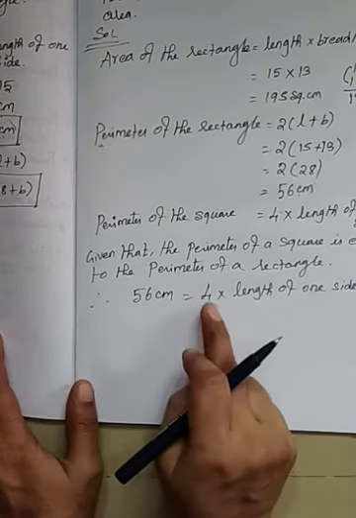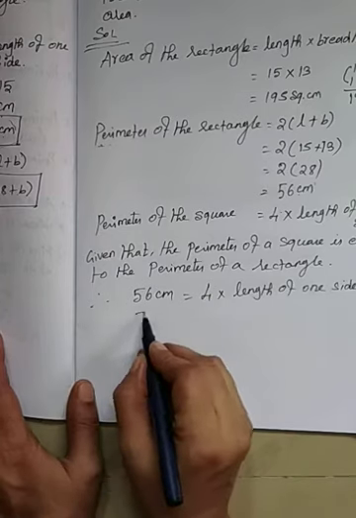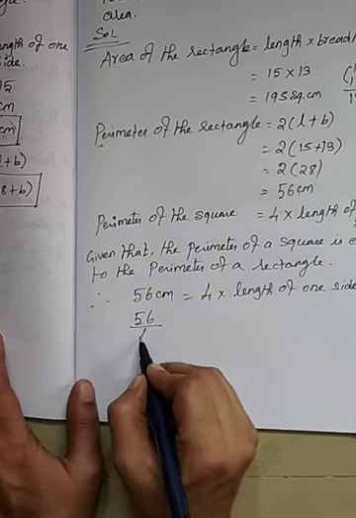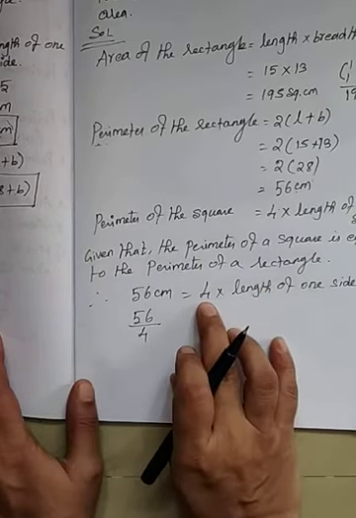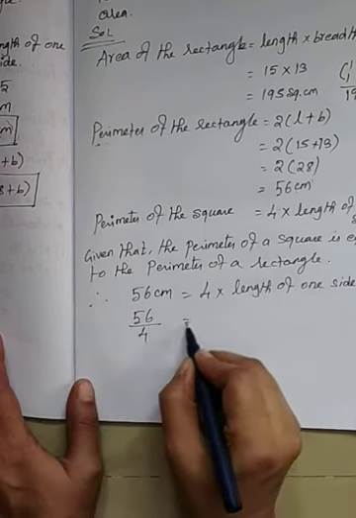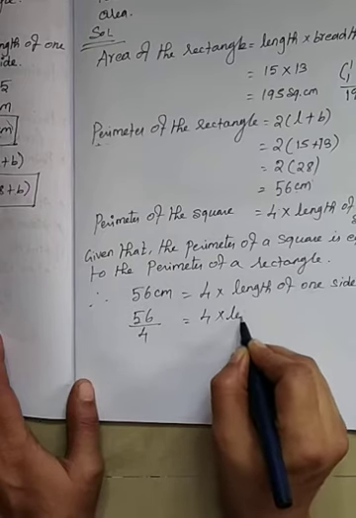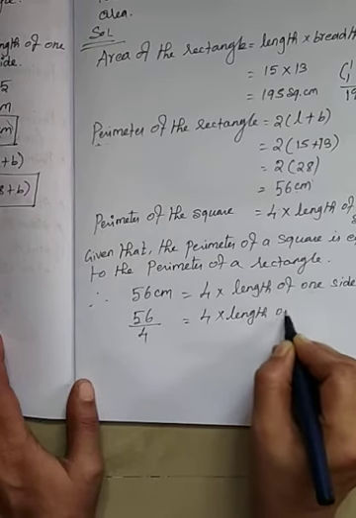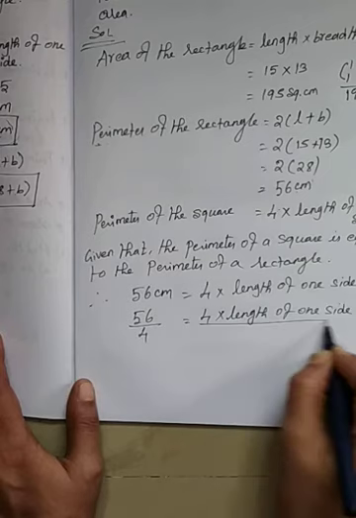So in this, multiply 4 on the left hand side, it will get divided by 4, or otherwise you have to remove the 4, means divided by 4 on both sides. So what will you get? 56 by 4 equal to 4 into length of one side divided by 4.